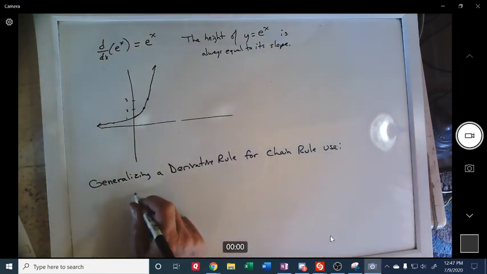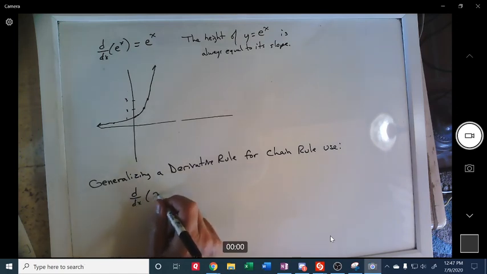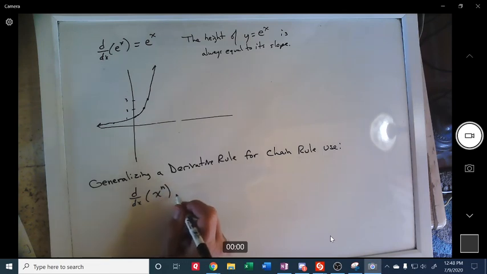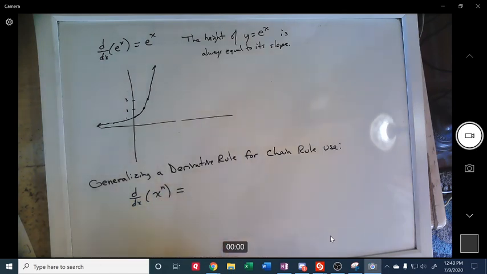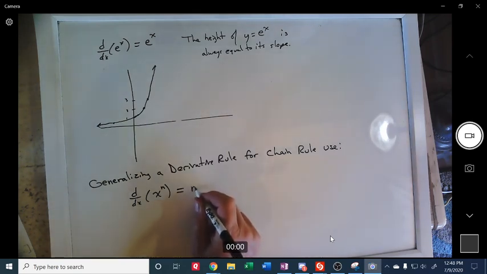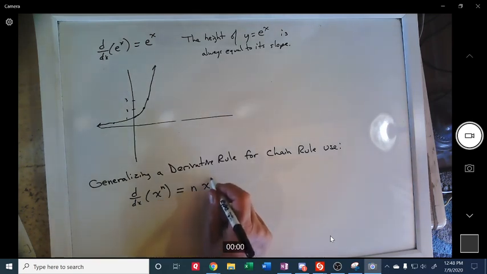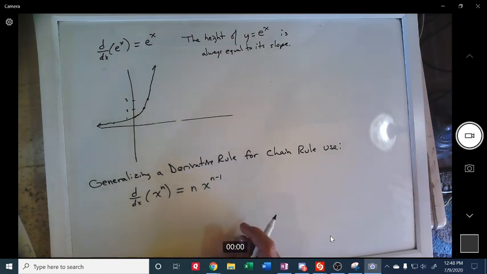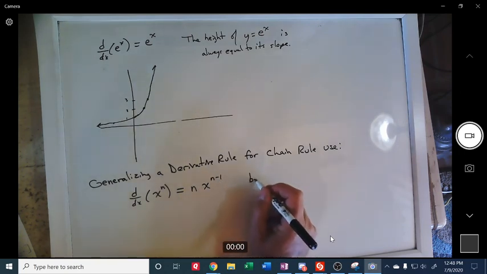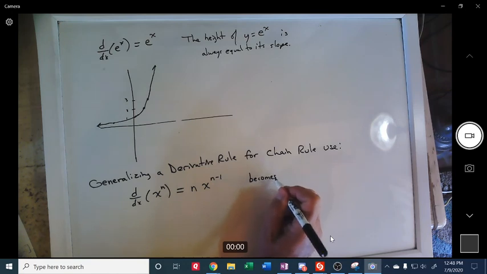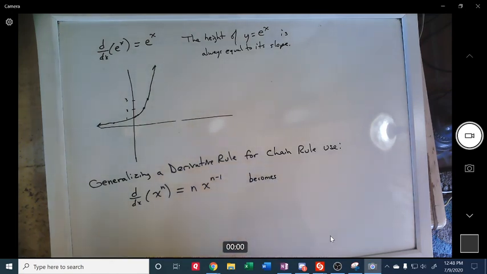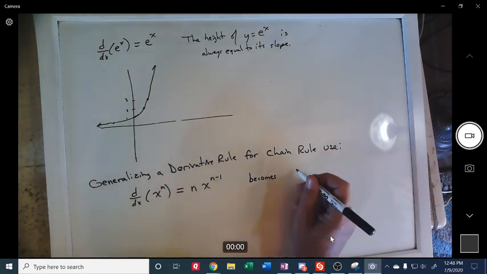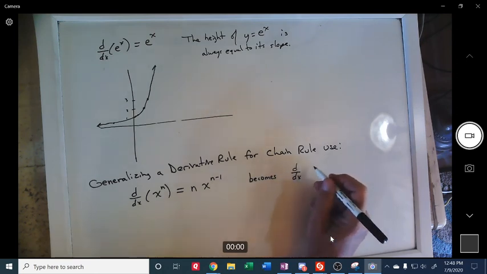Suppose that we look at the power rule. The power rule says the derivative of x to the n is n x to the n minus 1. If we generalize this rule for chain rule usage, it becomes how we really use it.